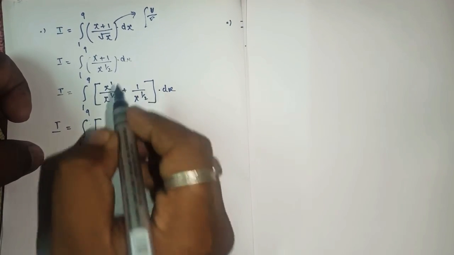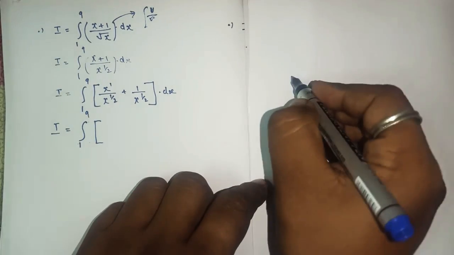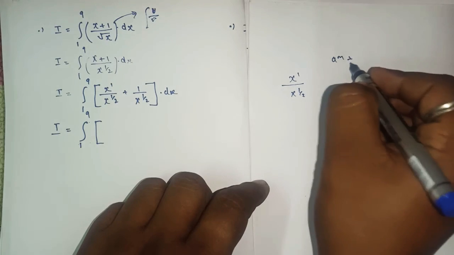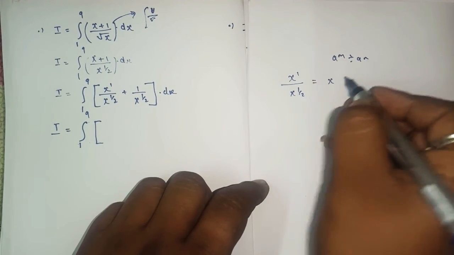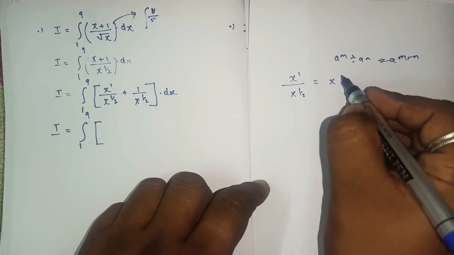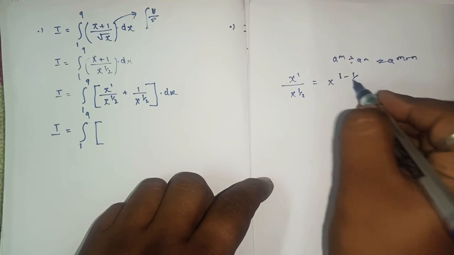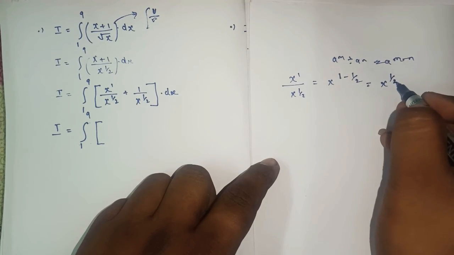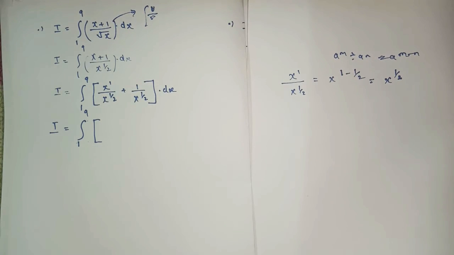Here nothing is there, so we can write 1. As this looks like a raised to m divided by a raised to n, so a raised to m minus n. So this can be written as x raised to 1 minus 1 by 2. So here you will get x raised to 1 by 2 as the answer.